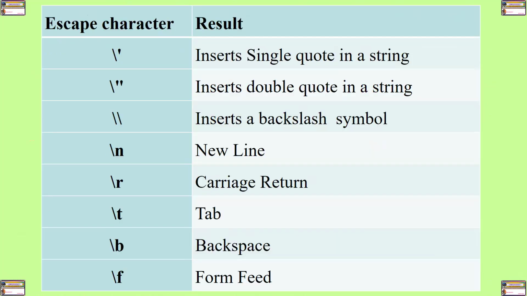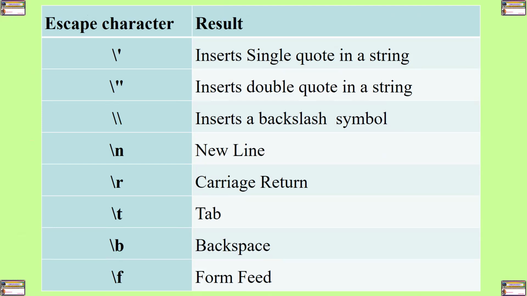For example, the backslash or escape character with that symbol inserts a single quote in a string. If you want to insert a double quote in a string, you write it as follows. If you want to insert a backslash symbol, you do it as you can see. Backslash n returns a new line.